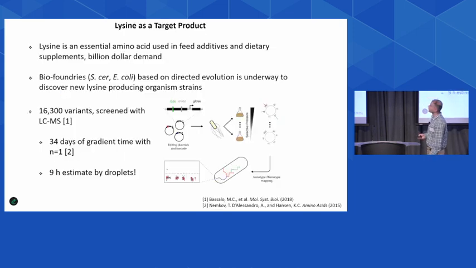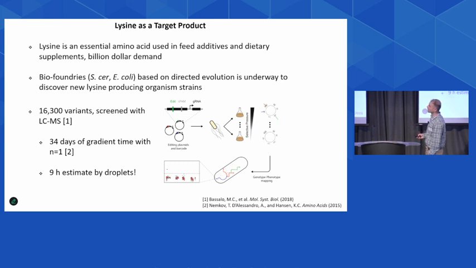Now, I wanted to test this technique in a real screen scenario, and one good candidate was lysine. And lysine is an essential amino acid that's used in feed additives and dietary supplements, so there's a $1 billion demand there. And because of that, campaigns have been set up in order to evolve enzymes and microbes in order to produce lysine.